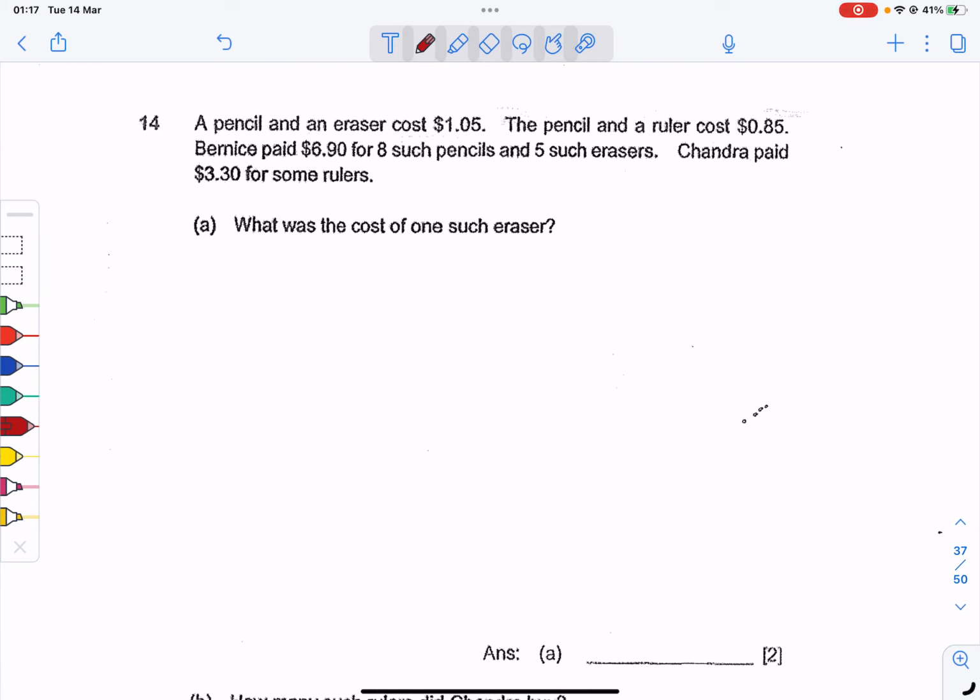Question 14. A pencil and an eraser cost $1.05, and the pencil and the ruler cost 85 cents. So we can say statement 1: 1 pencil and 1 eraser cost $1.05. Statement 2: 1 pencil and 1 ruler cost 85 cents.